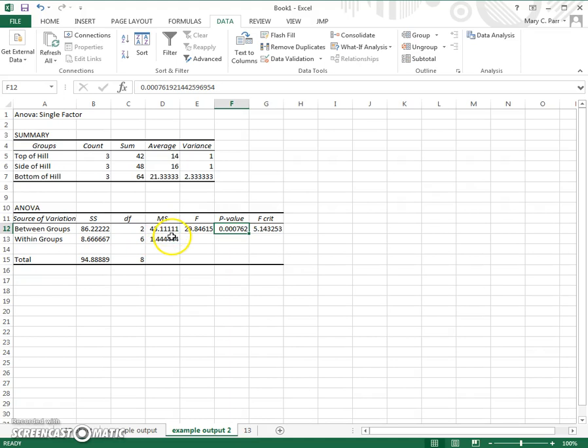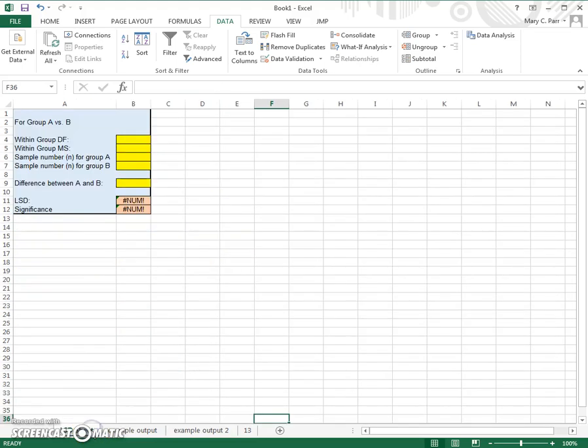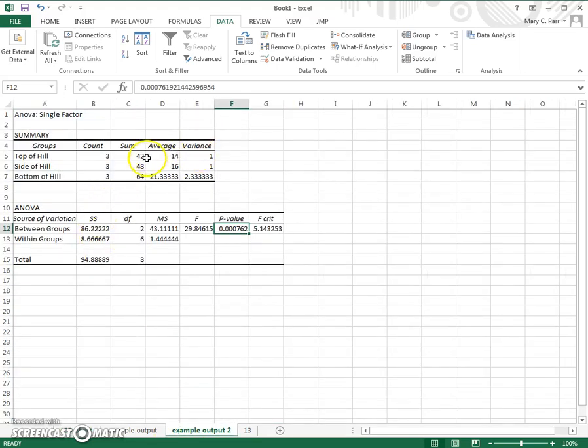Now mean squared is sort of the difference between the mean and the data point, those all added up squared. So the squares added up. So this is what the mean squared is. We're going to use these two numbers to calculate the differences. So let's go back to the LSD sheet for group A versus group B. Here we would pick 2 different groups that you want to compare.